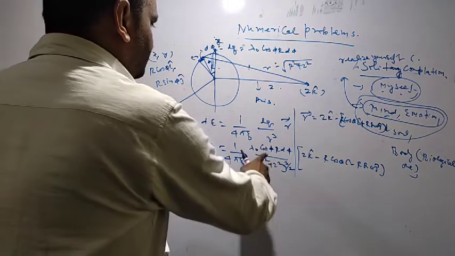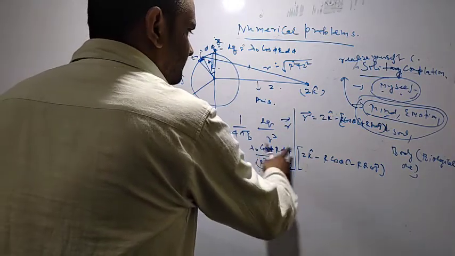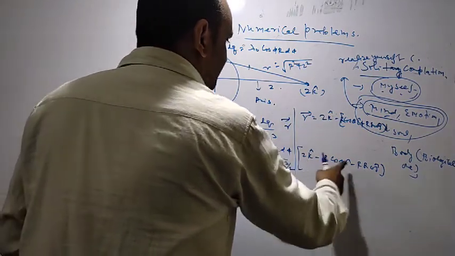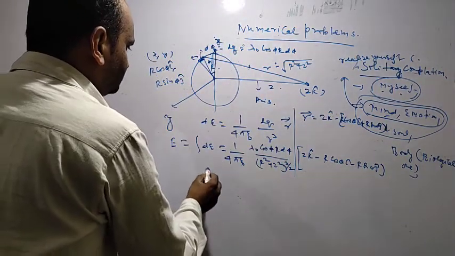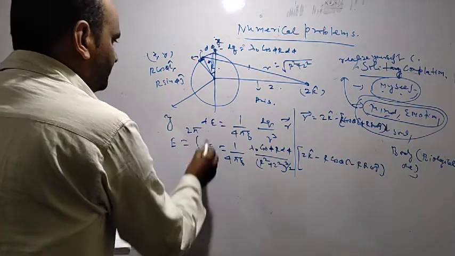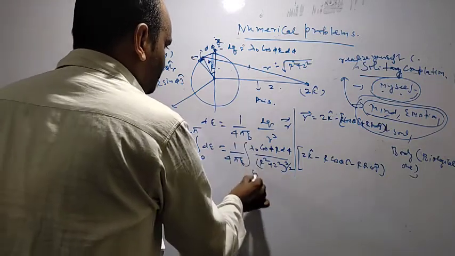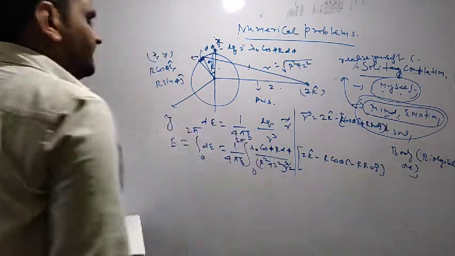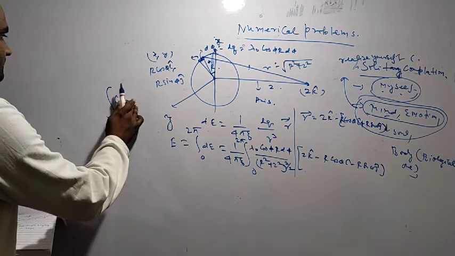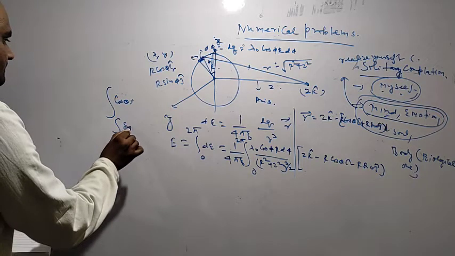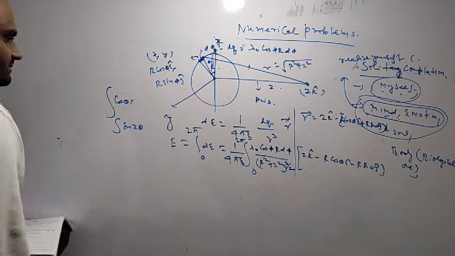So this cos will be multiplied here, here and here, and when you perform this integration over 0 to 2 pi, cos theta and sin 2 theta are going to vanish.